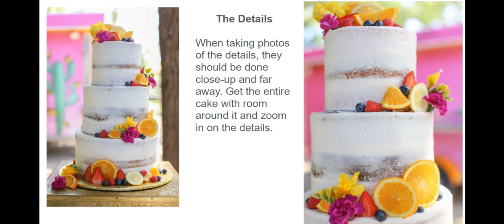I actually did when I took pictures of this cake. I did a third one, but there wasn't enough room on the slide to show that third one. But if I were to zoom in even more, or if I were doing something like the wedding rings, I would definitely be using my macro lens with the aperture, again, between f11 and f22.